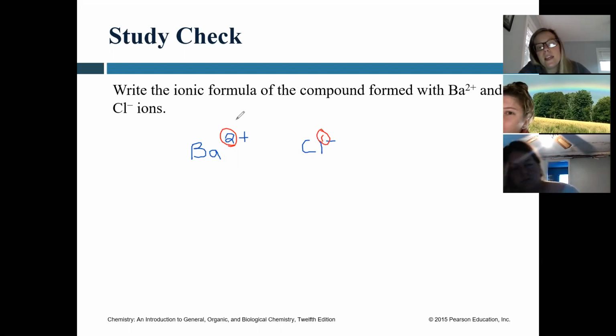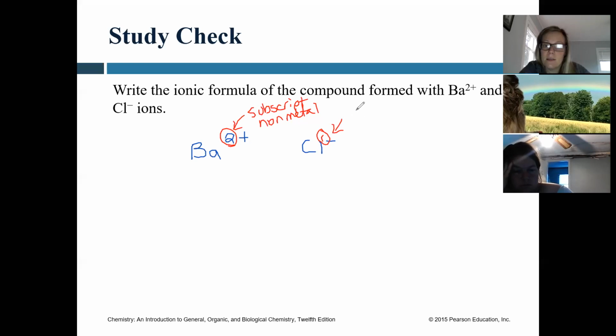So the charge on the first thing is going to become the subscript on the second thing. So the magnitude of the charge, this number, is going to become the subscript of the nonmetal.